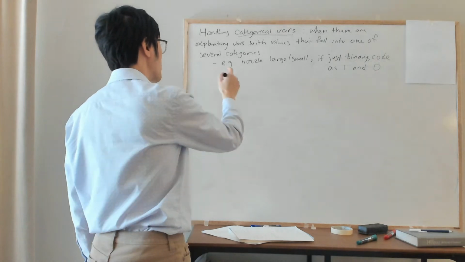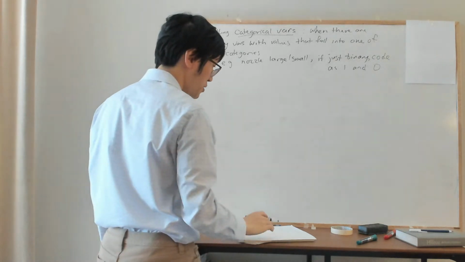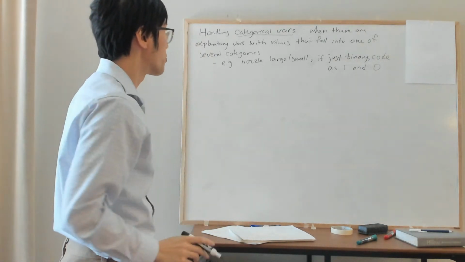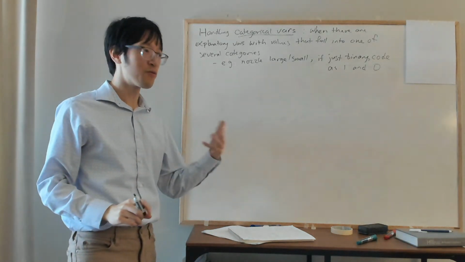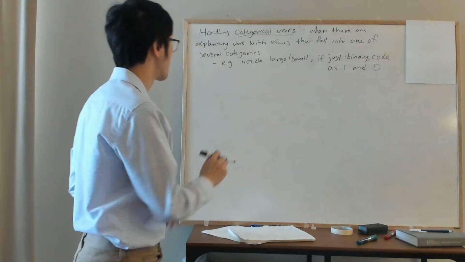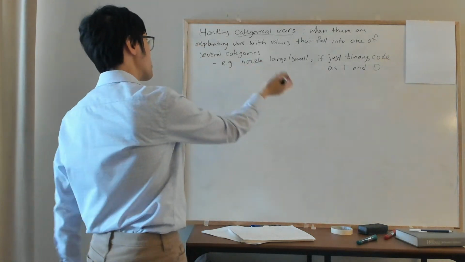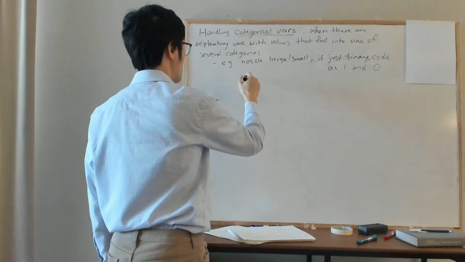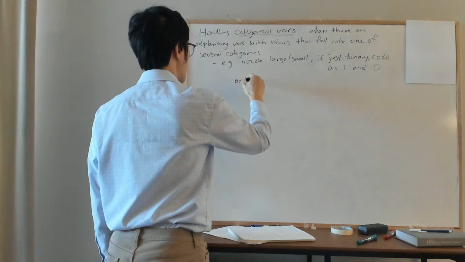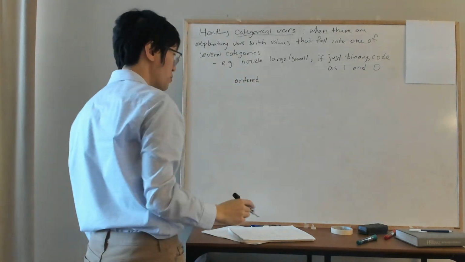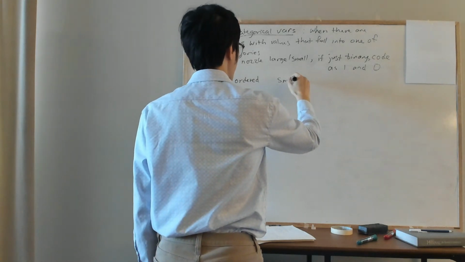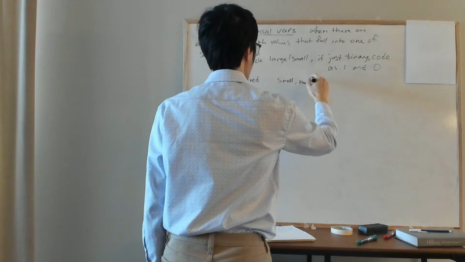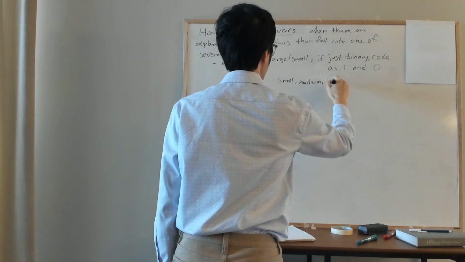All right, so what if we have, let's say, three categories? There are kind of two kinds of situations that we might encounter. The categories might be ordered. For example, you could have small, medium, and large.